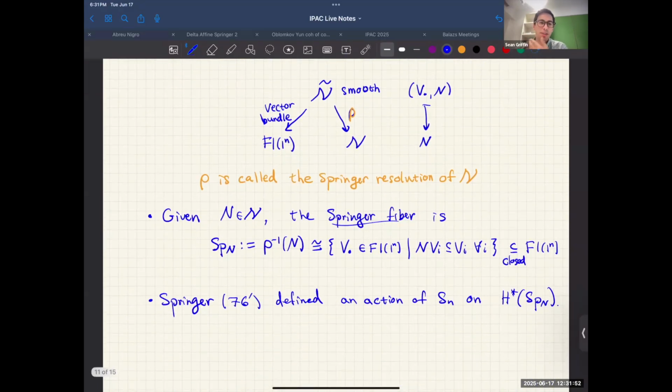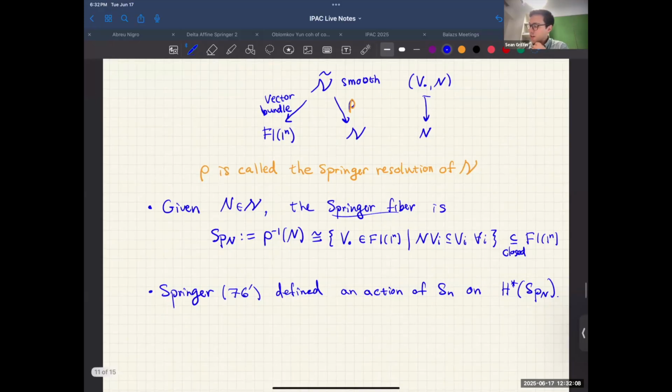And the remarkable thing about this space is, although the symmetric group does not act on the space itself, there is a highly non-trivial action of the symmetric group on its cohomology ring. So Springer defined an S_n action on the cohomology of each fiber of this map.